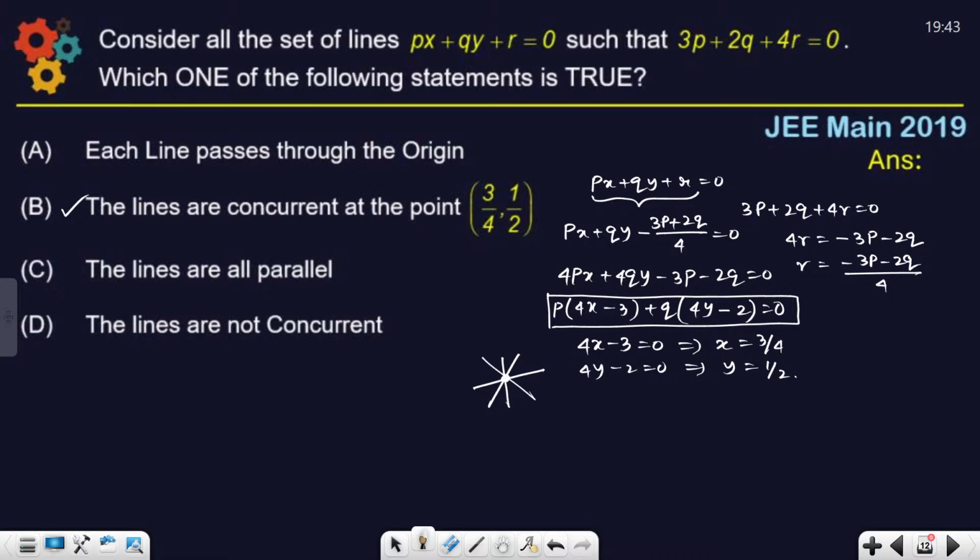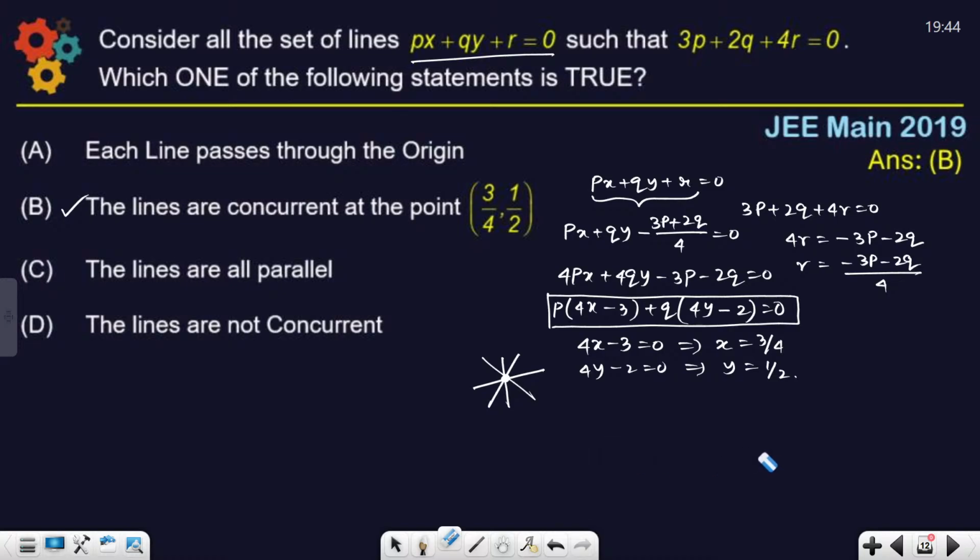So all the set of lines are concurrent and they are passing through the point 3/4, 1/2. That's it. Is it clear? Hence option B is correct.